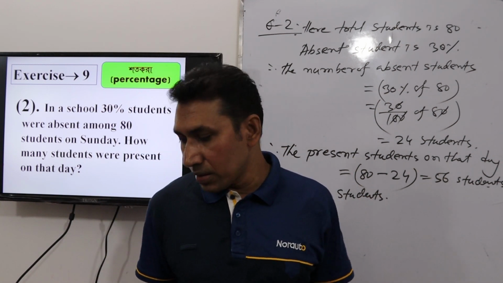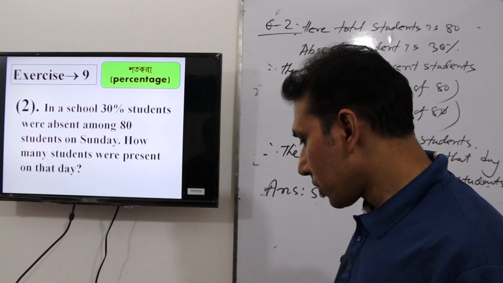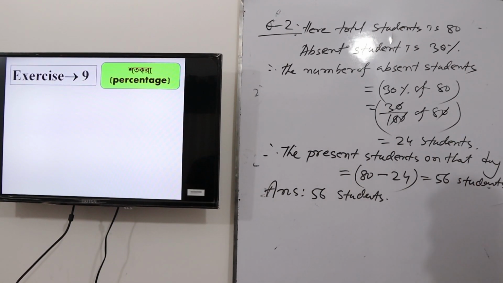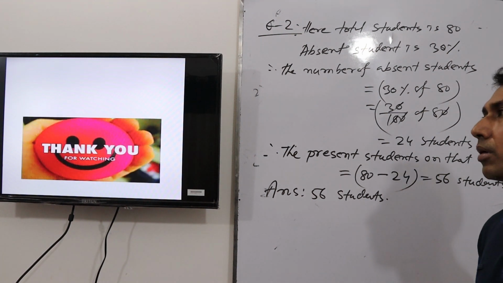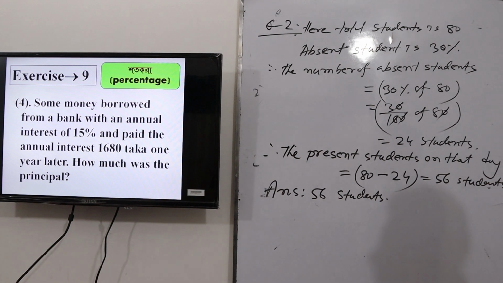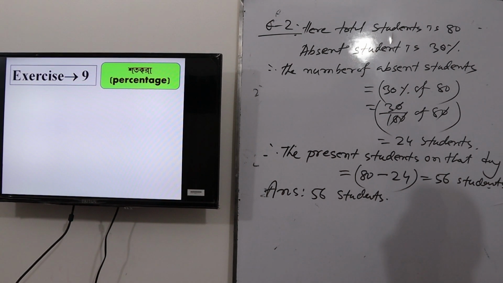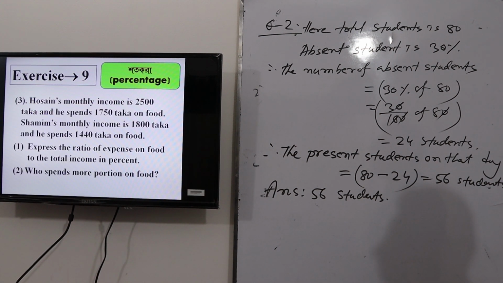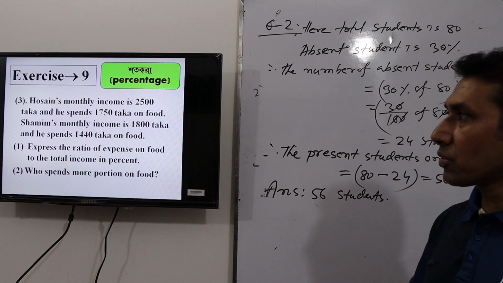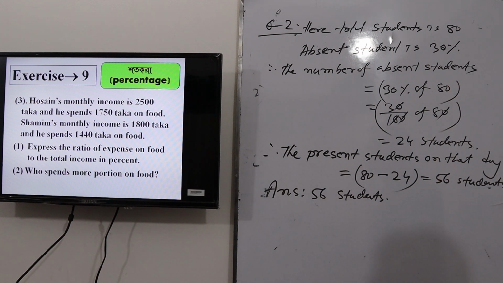Now question number 3. Hossain's monthly income is 2500 taka and he has spent 1750 taka on food. Shamim's monthly income is 1800 taka and he has spent 1440 taka on food.